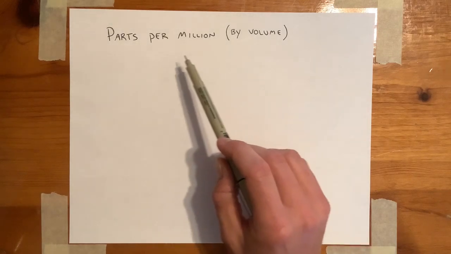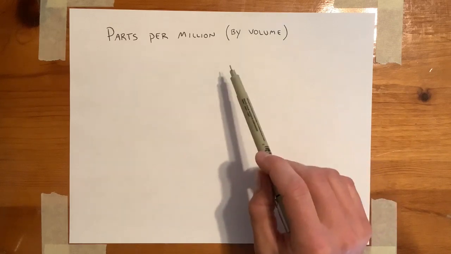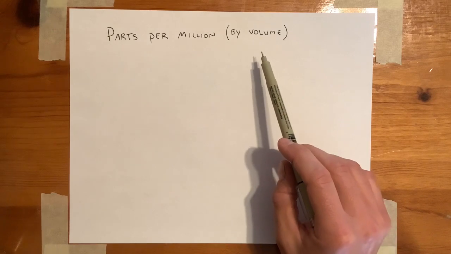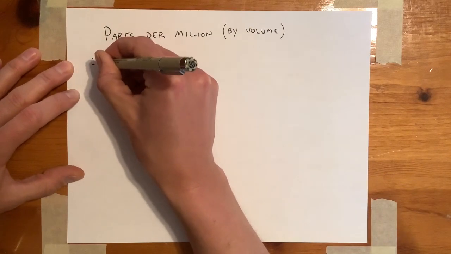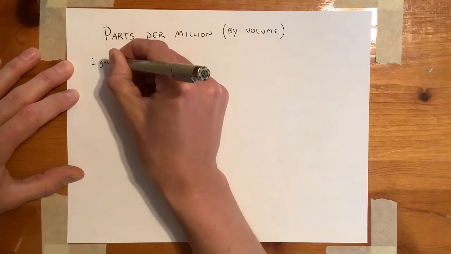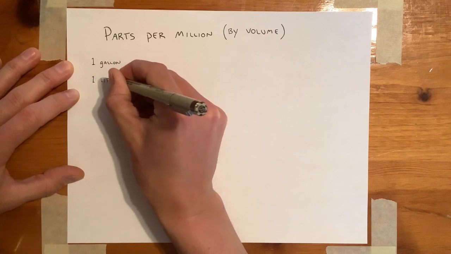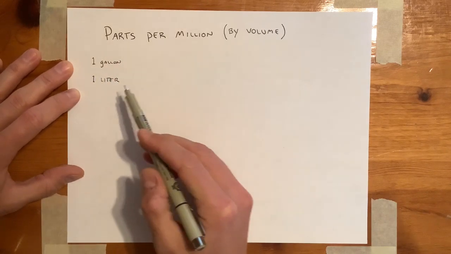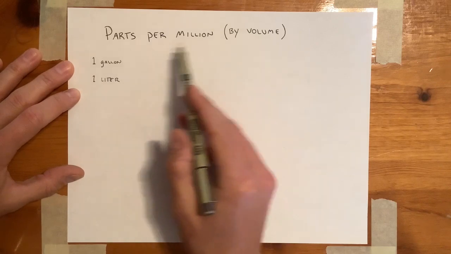Parts per million by volume tells us that we are talking about volumes here. So if we take any unit of volume that we want, that could be 1 gallon, that could be 1 liter, right? Any unit of volume that we're familiar with, and we divide it up into 1,000,000 pieces.